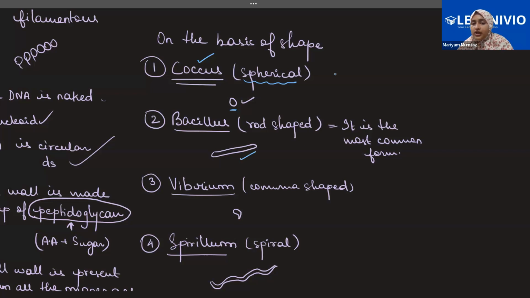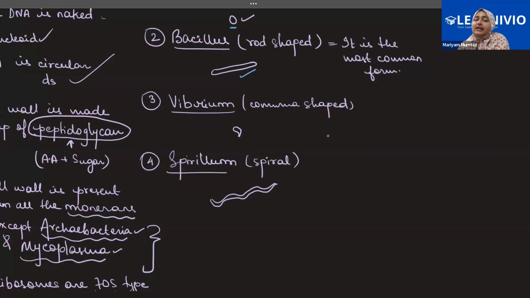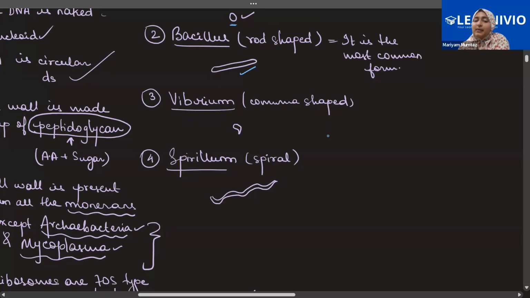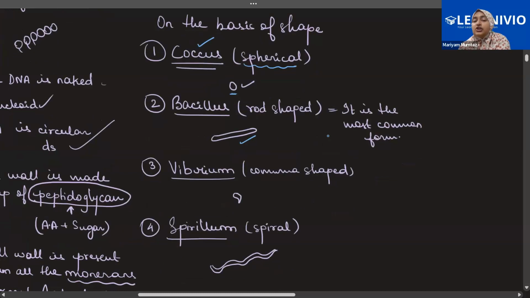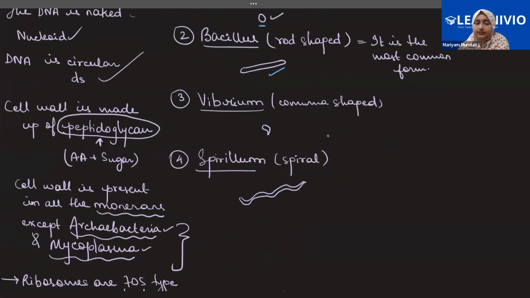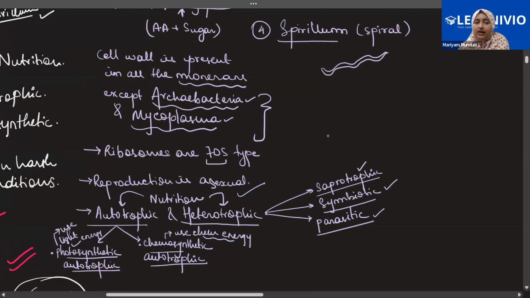It is the most common form. Most of the bacteria exist in the bacillus or the rod shape. Then there is vibrium, which is comma shape. The bacteria looks like a comma. And lastly, there is spirillum, that is spiral shaped bacteria. So the bacteria, depending upon the shape, can be of 4 types: coccus, bacillus, vibrium, and spirillum.